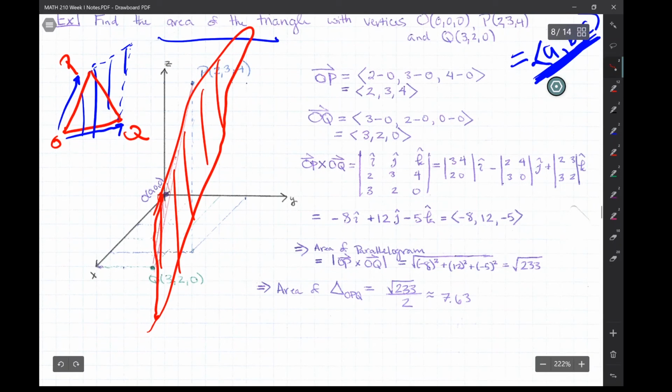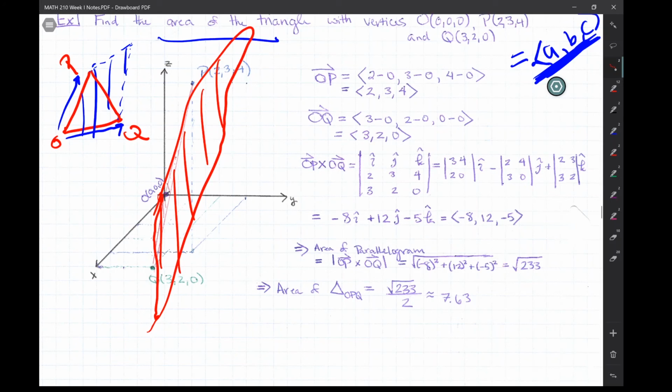Okay, so now we have a vector, and what's the magnitude of that vector? Well, we said the magnitude of the cross product is the area of the parallelogram. So then we're going to take its magnitude, and now we have the area of the parallelogram that OP and OQ would make, and that has a magnitude of square root of 233.